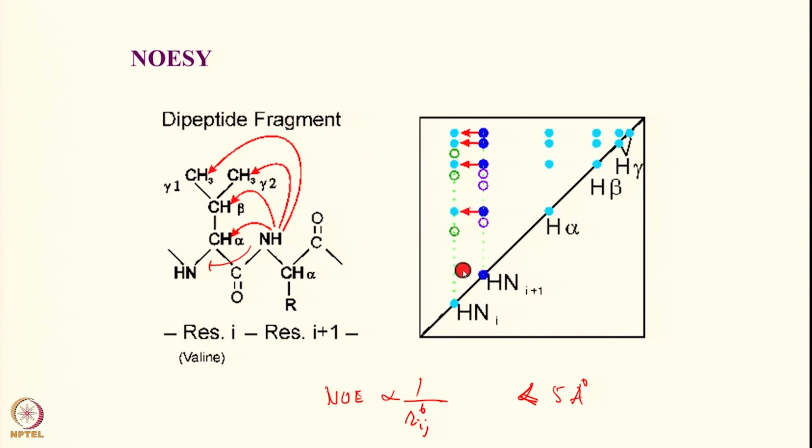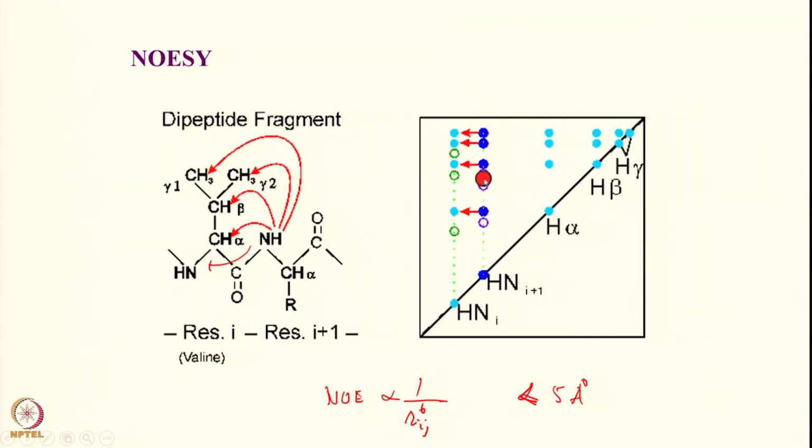I see to this same one here, that is this peak here, and I will also see to this one here, and then to the 2 methyls, gamma 1 and gamma 2. These are extremely useful sequential informations; we call them sequential connectivities.